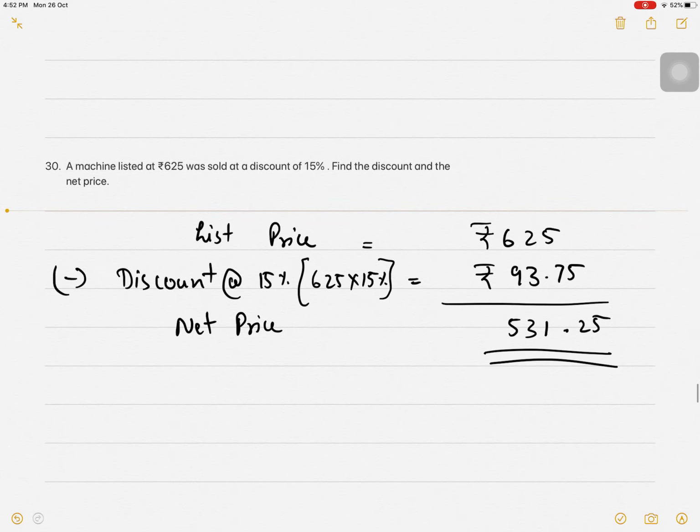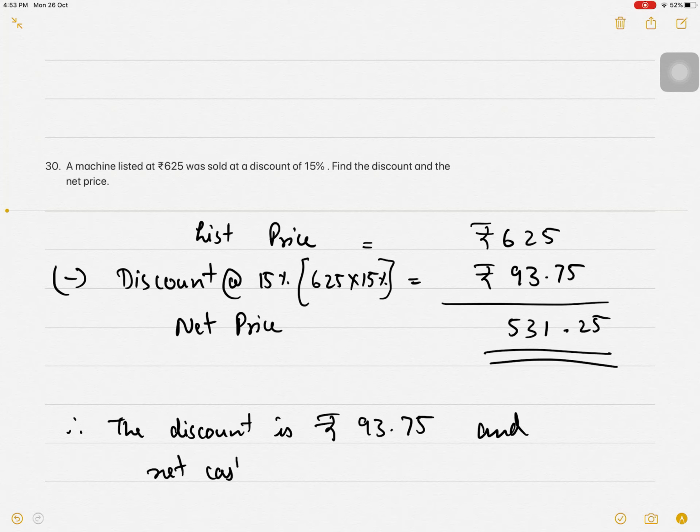List price minus discount is the net price. Therefore, the discount is rupees 93.75 and net cash price is rupees 531.25. Okay.